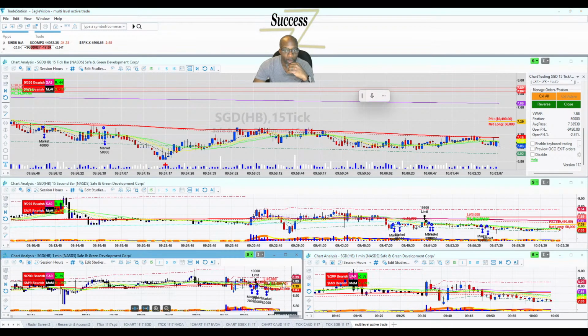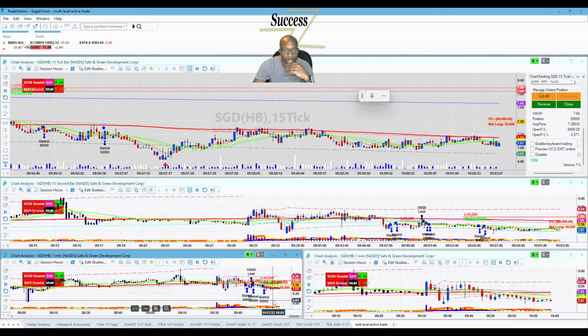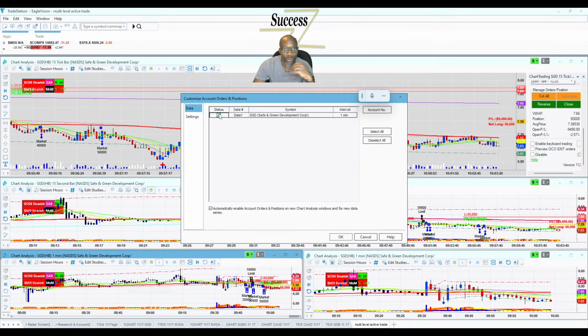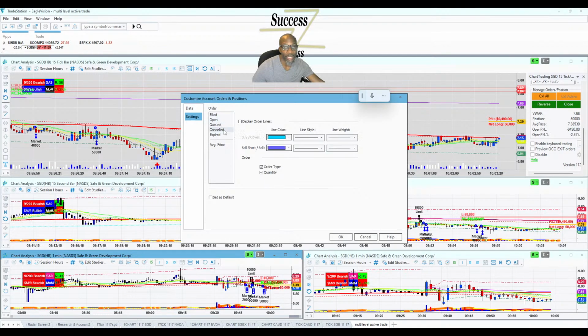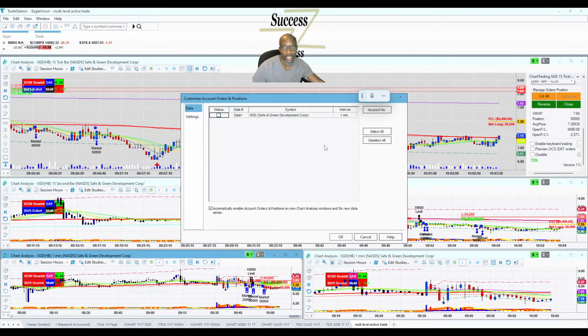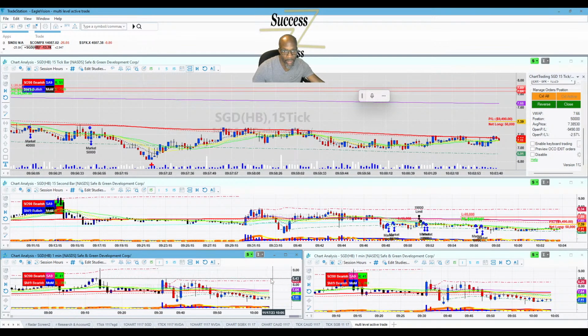If you want to turn these orders off, you can click the order, double click it, and then for status, it's referencing data 1, it's referencing SGD. Instead of going to settings and unchecking all these boxes for field open, just go to data and click status. So now it's not referencing any symbol, any ticker. Click OK, and then it'll go away. So it looks like an easy way to do that.